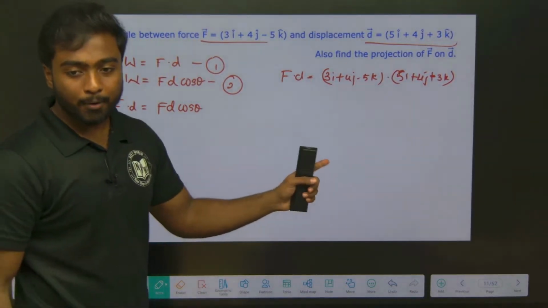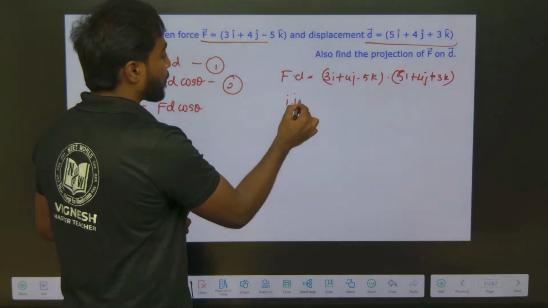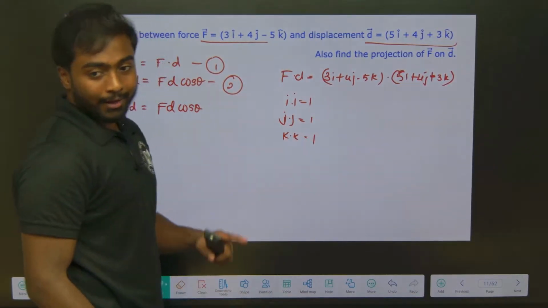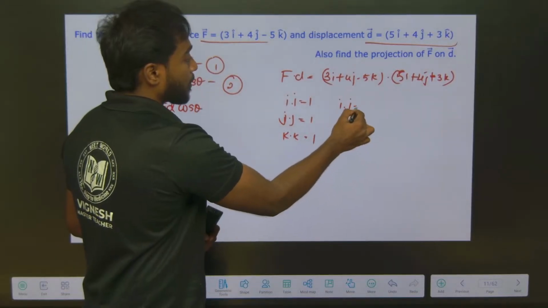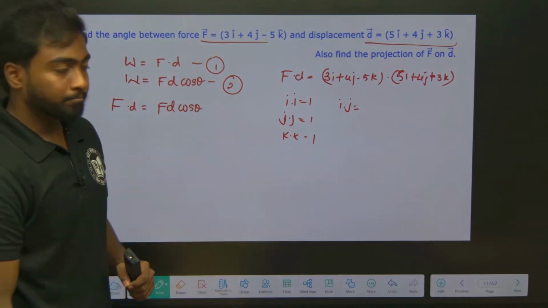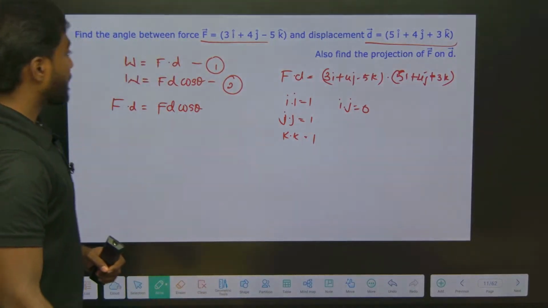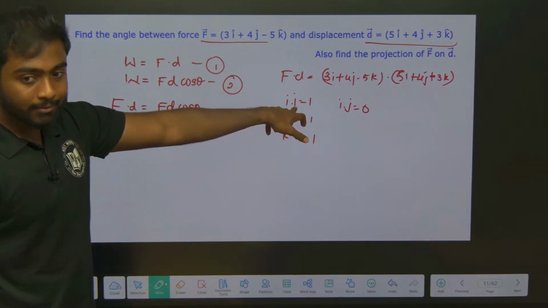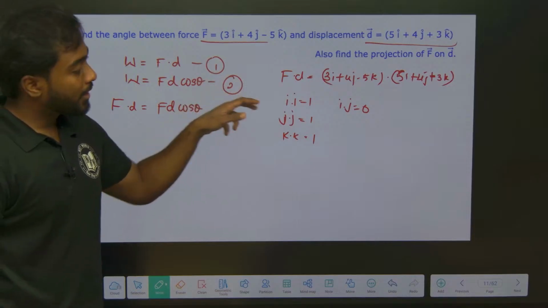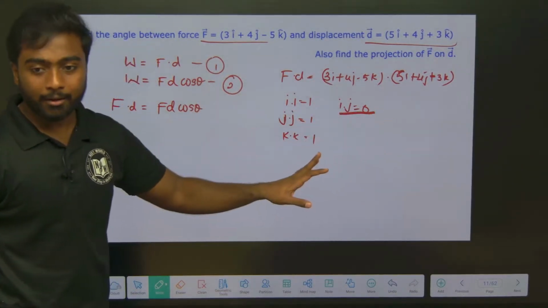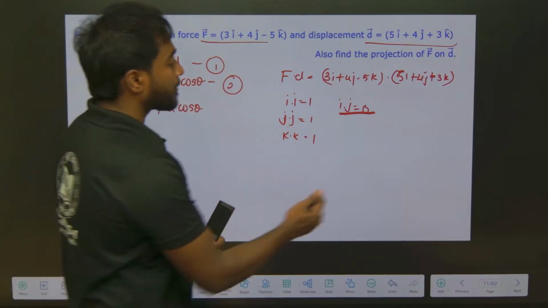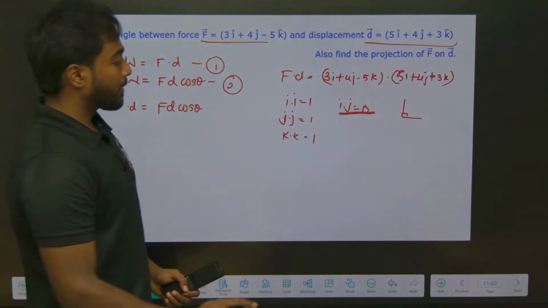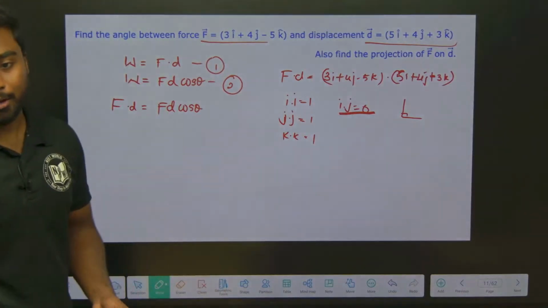We know the condition that i dot i equals 1, j dot j equals 1, k dot k equals 1, whereas i dot j equals 0. When the angle between them is 0 degrees, cos 0 is 1. When the angle between them is 90 degrees, like the x axis and y axis, cos 90 is 0. Similarly, j dot k and k dot i are also 0.